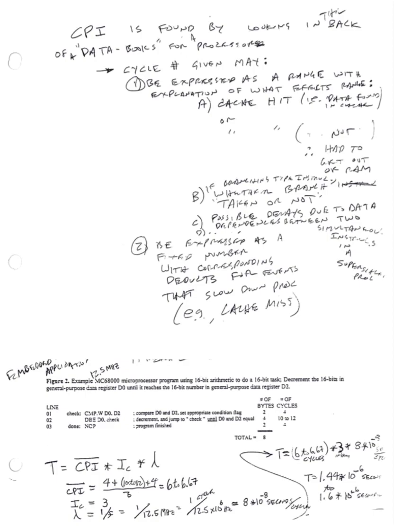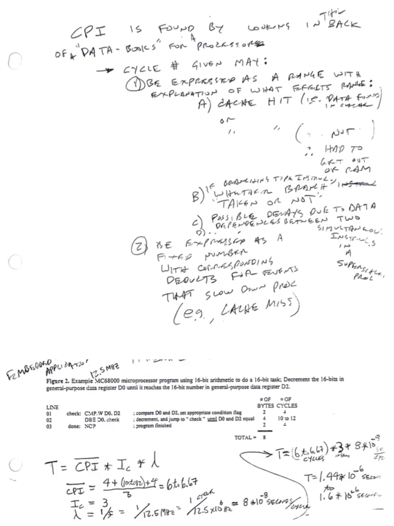So here's a little bit of computation, a little scribbly here, for finding your average cycles per instruction. Typically this was always in the back of the data books. Now most things are online, but it wasn't too long ago that there were actual data spec books that you would look things up in. The number of cycles may be given in several different ways, and it's changing quite a bit now.